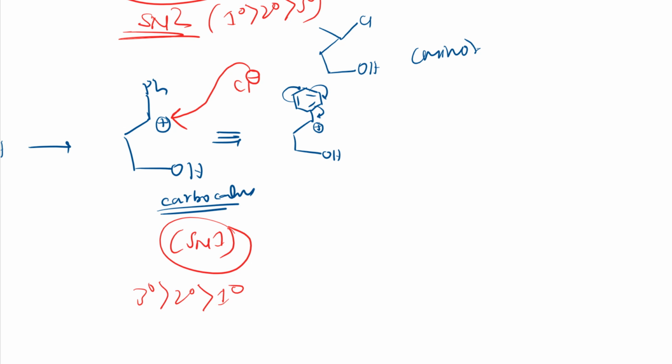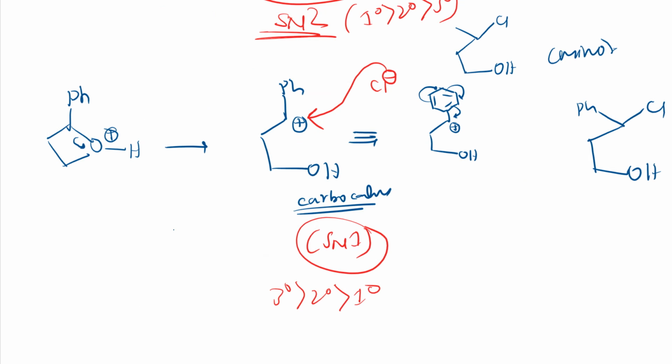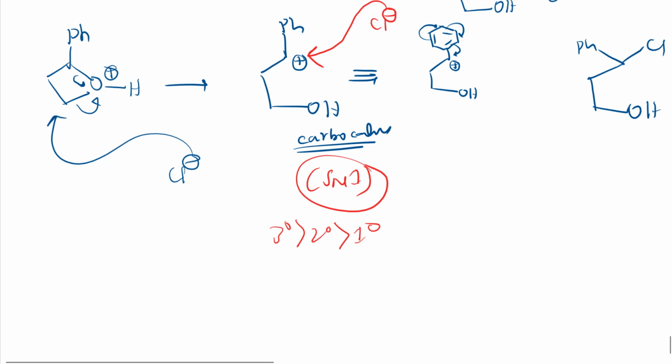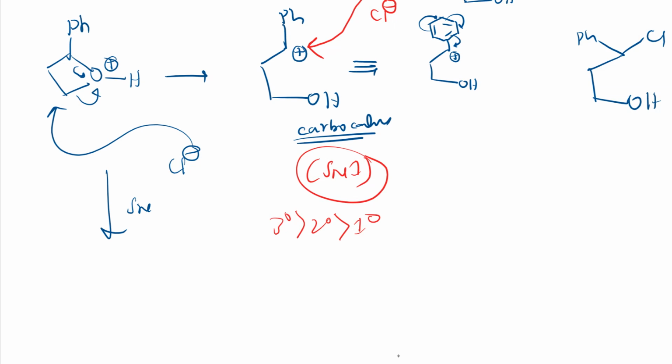So the product I will write like this: Ph here, chlorine here, other things as it is. So this will be major, and one more product, if this chlorine attacks here, then it opens here, this product will be minor. The SN2 product will be minor, and the product will be like this: OH, CH2 and Cl, right? This will be minor, right?